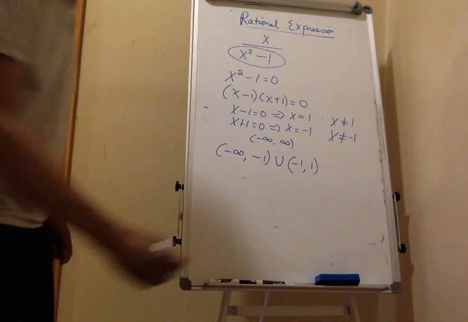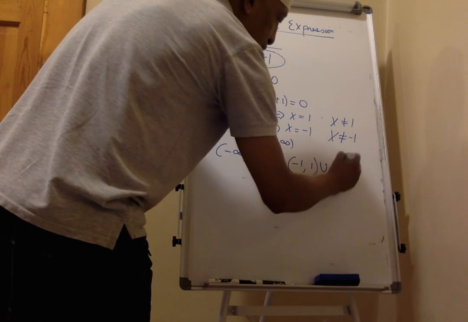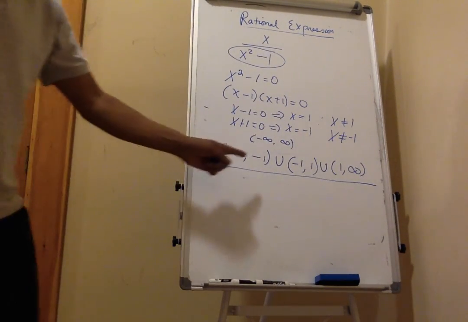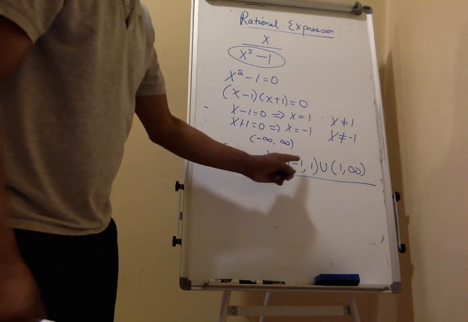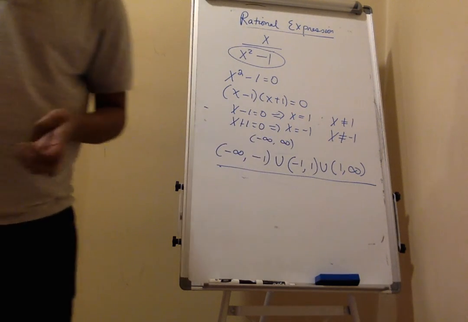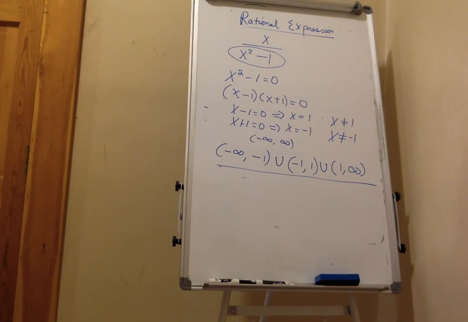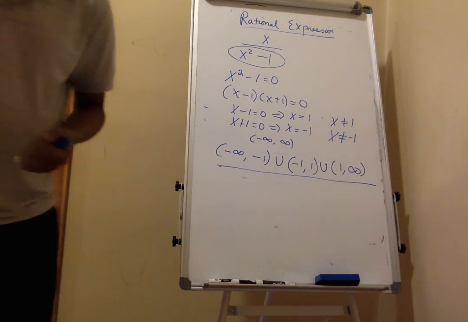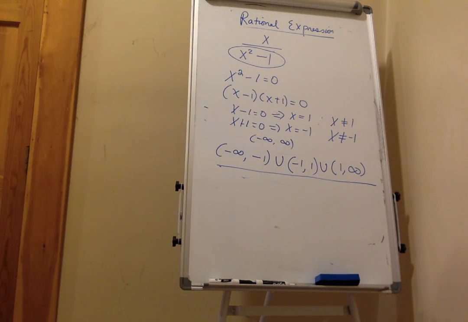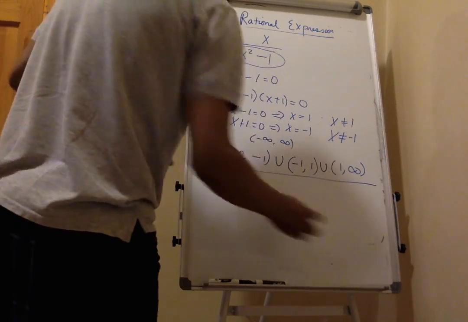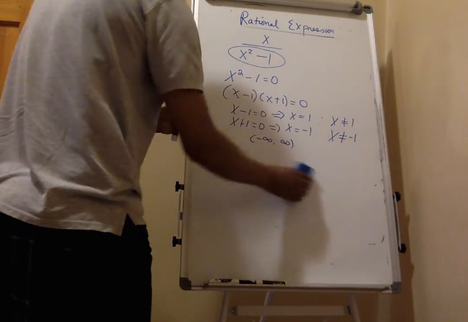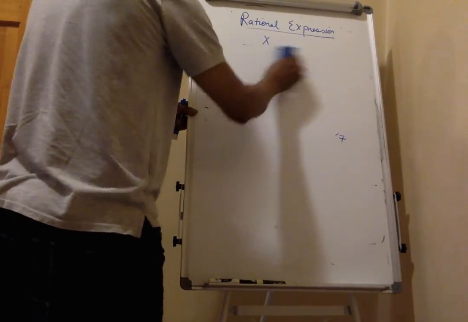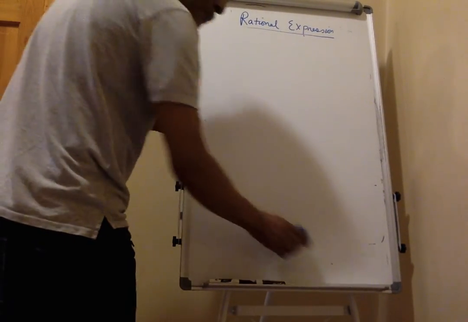Okay. Then you have from 1 to infinity. So this is the domain. Mind you, the borders, negative 1 and 1, are the only values that we are not allowed to use in this rational expression. Okay? So that's what we mean by finding the domain. Always look at the denominator. See which number gives you a 0, and that's the one that you are going to exclude from the domain.